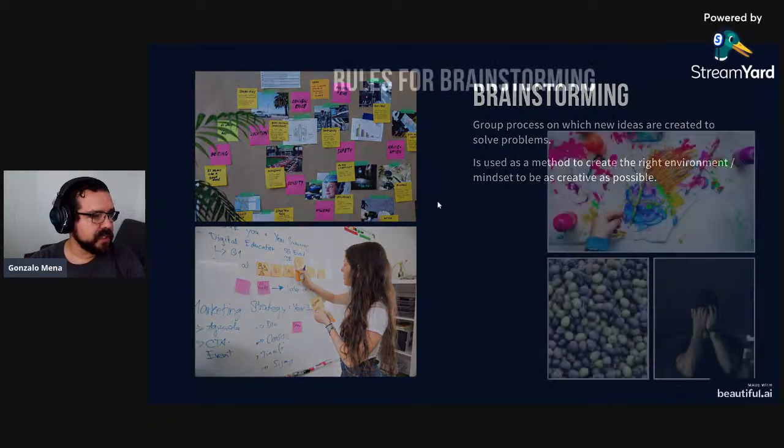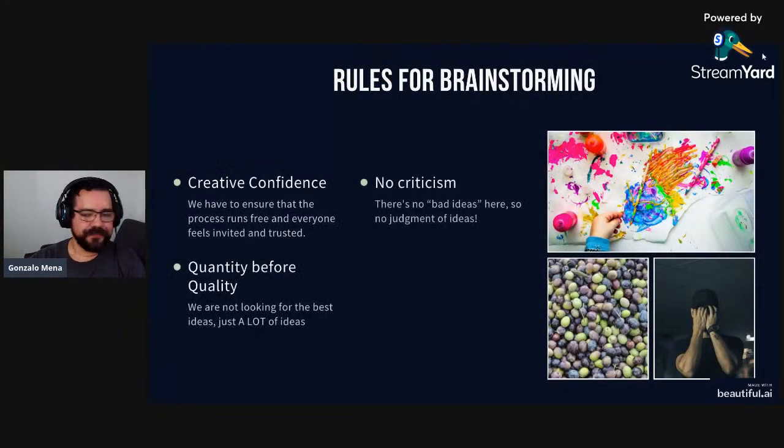And the rules for this are, first, we need creative confidence. We need to be sure that me and whoever else joins the process feel confident about sharing their ideas, feel that they're safe sharing their ideas, that this is the right space for them to be as creative as possible without any repercussions, without any problems.